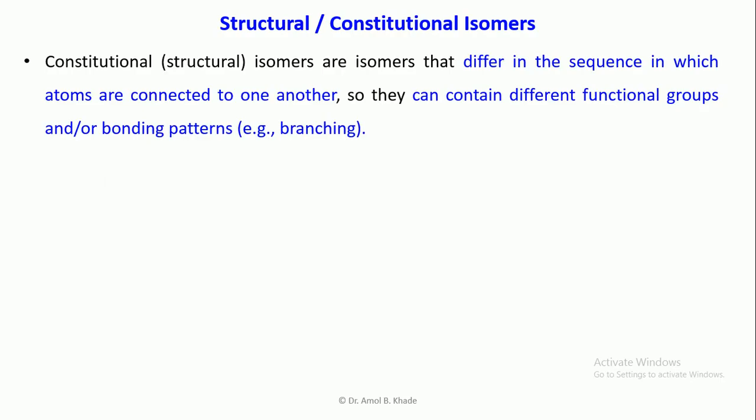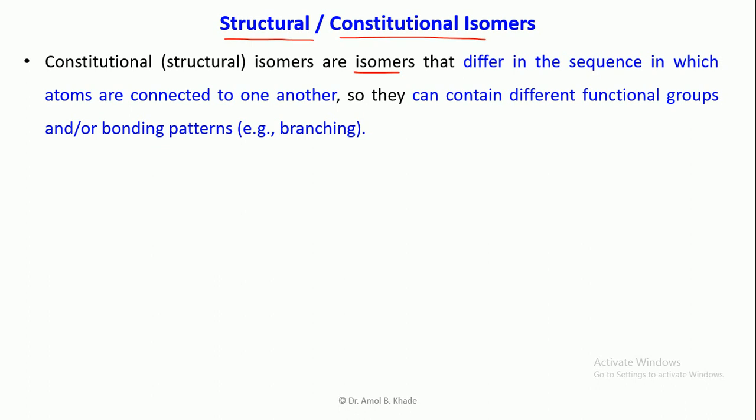Let's see the next slide. First we will try to understand what structural or constitutional isomers are. These are isomers that differ in the sequence in which atoms are connected to one another. They can contain different functional groups and/or bonding patterns.